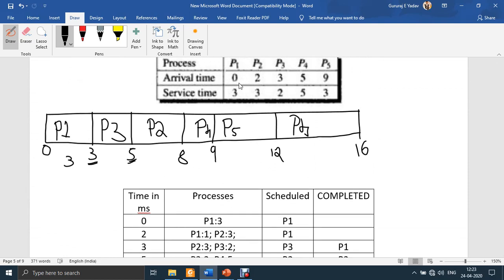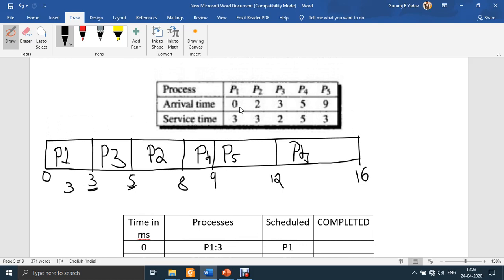Process P1 arrived at 0, and you gave it the chance to execute at time 0 itself. As soon as it came, you gave it the chance. That means no waiting time. And once you gave the chance to P1, it was never interrupted.